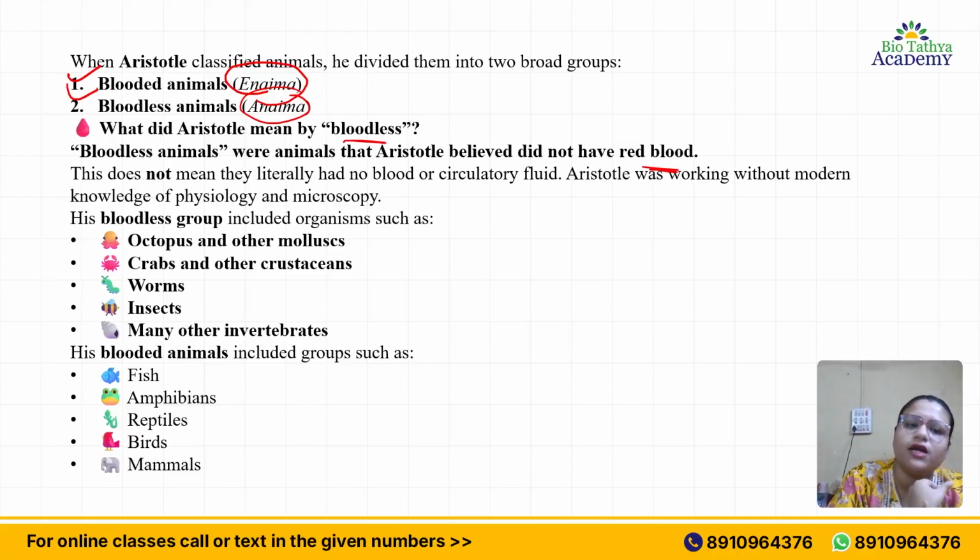Think of this bloodless group, for example worms, insects, octopus, mollusks. They do not contain a huge amount of blood, so according to him they were bloodless. For blooded animals, he grouped fish, amphibians, reptiles, birds and mammals.